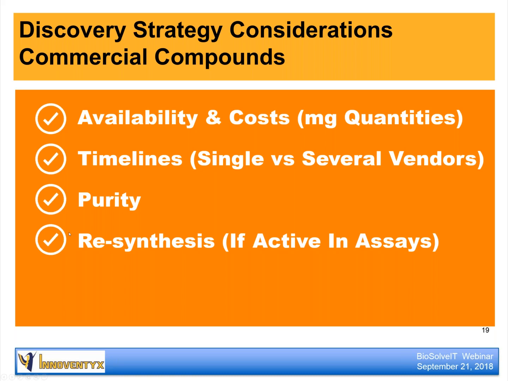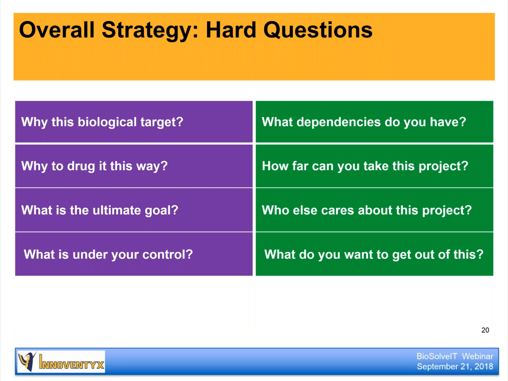So, got to keep that in mind. And ultimately, if something comes back active, you want to resynthesize it, because you want to confirm the chemical entity, the chemical structure, and that purity is there.